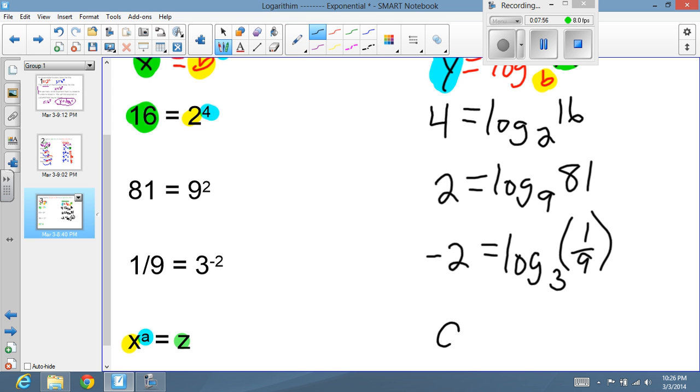So I'm going to have a equals log base x of z. Converting in between forms, something you're definitely going to need to be able to do.